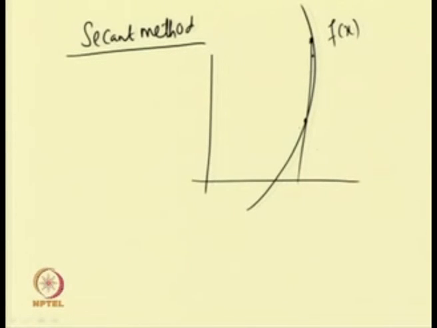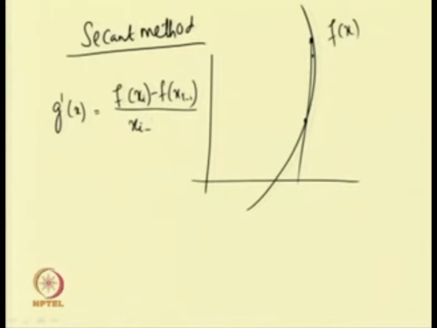So, we can approximate the solution by using this equation, that is our g dash x equal to f x I minus f x I minus 1 by x I minus x I minus 1.